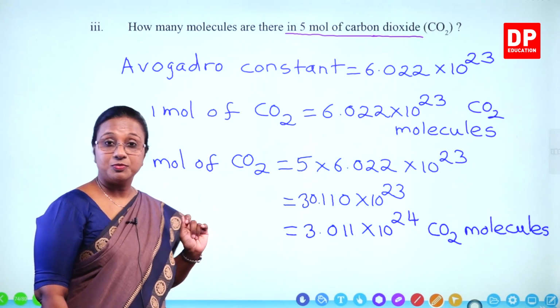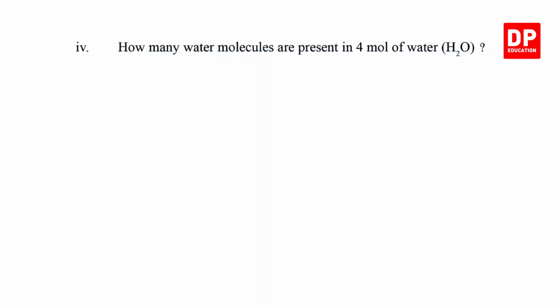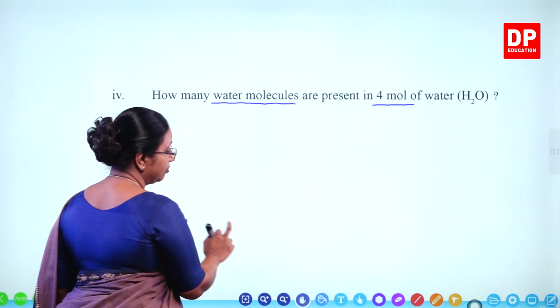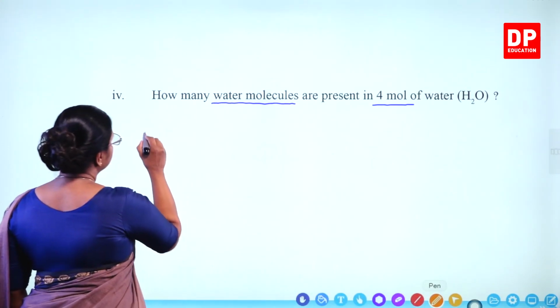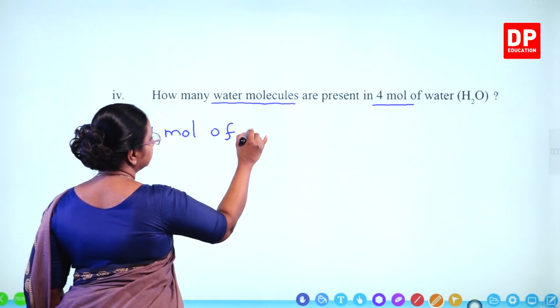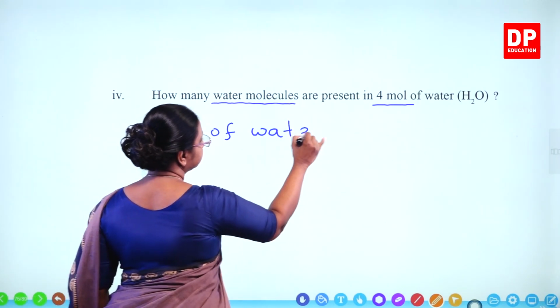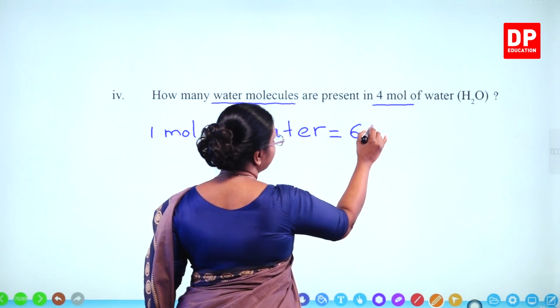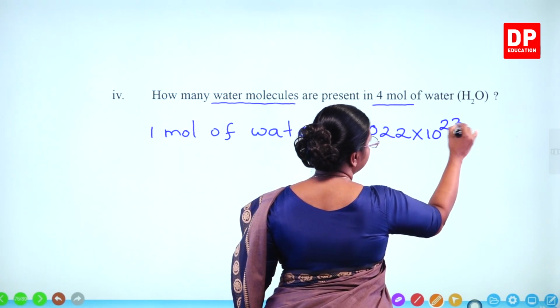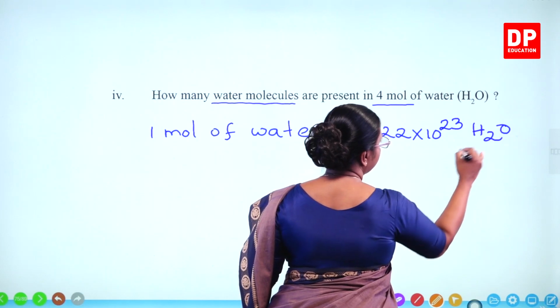Then I will move on to the next one. How many water molecules are present in 4 moles of water? So now we don't have to write everything again. You know what to do. So 1 mole of water has 6.022 into 10 to the power of 23 water molecules.